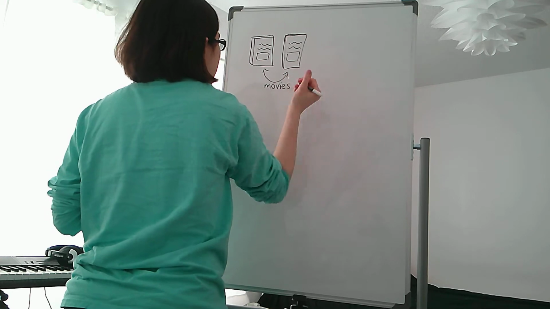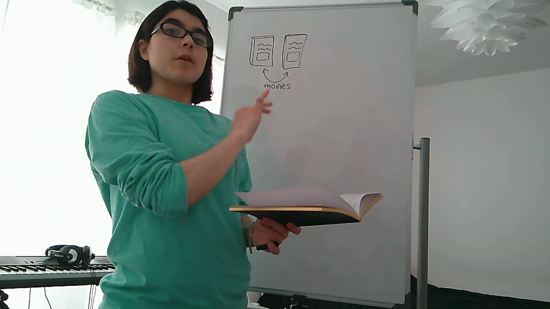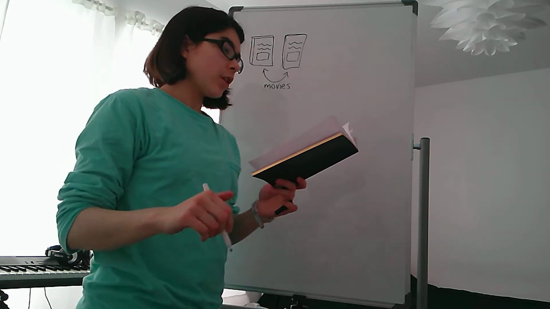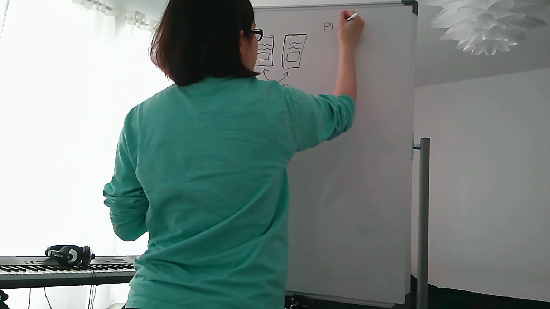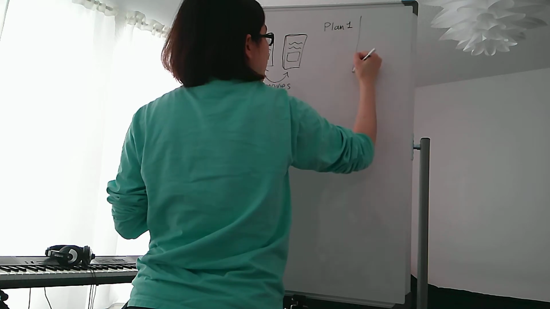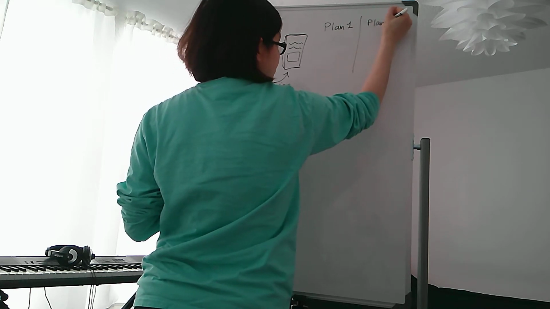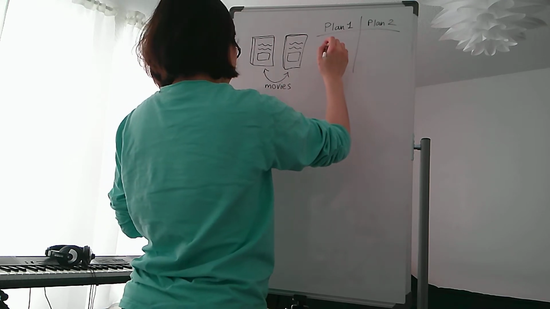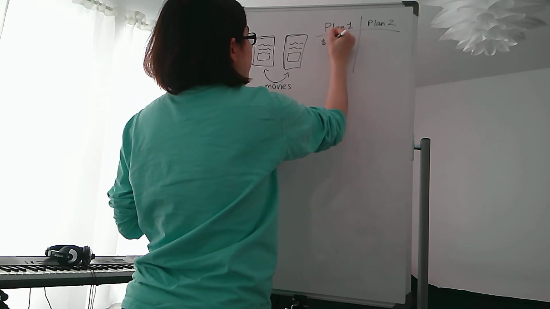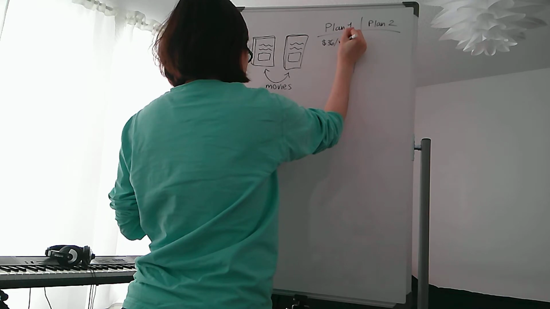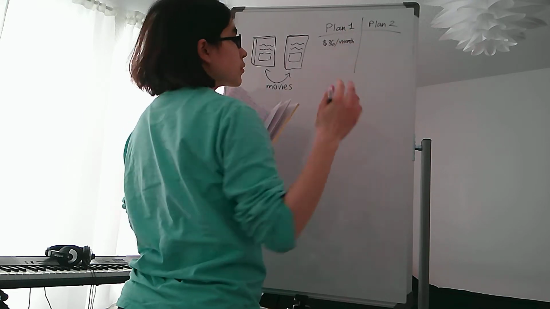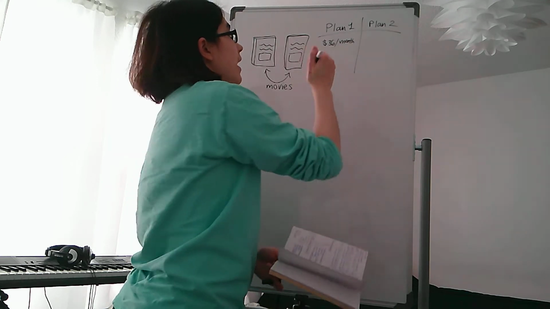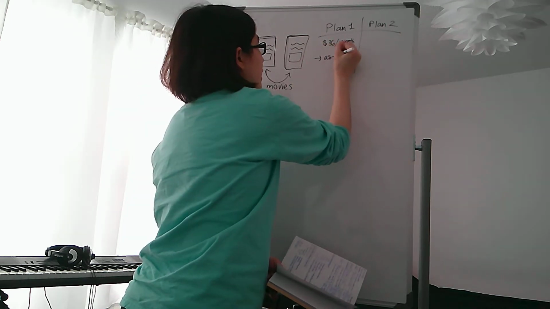So here's the problem. There's a movie rental company that has two subscription plans, Plan 1 and Plan 2. Plan 1 is you pay $36 a month, and then you can rent as many movies as you want.